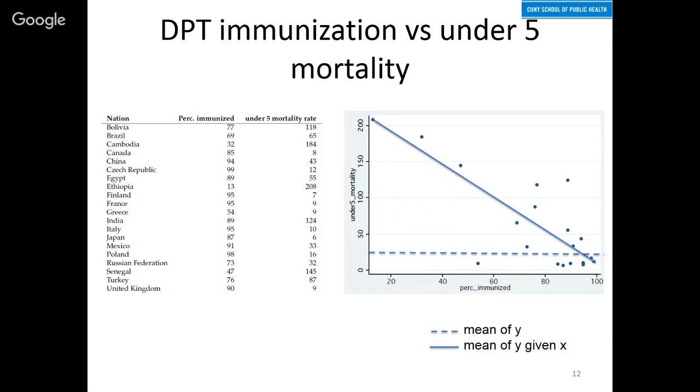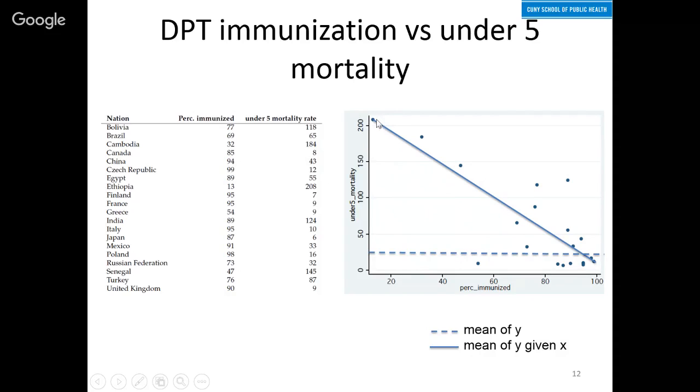So what is this mean of y given x? What does that mean? That's a conditional probability that's given. One event already occurred, yeah. So this means the mean of y given that x has already occurred. Or in this instance, it means what is our expected under 5 mortality rate given a certain percentage of infants who have been immunized.